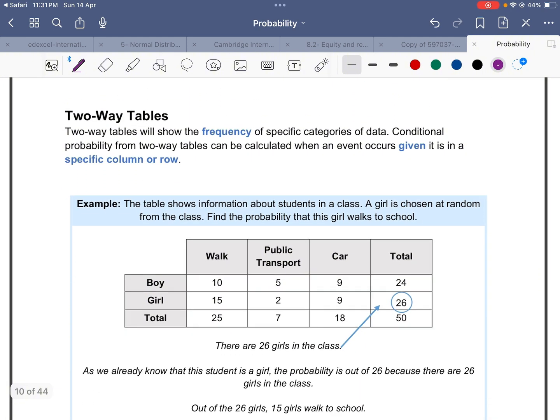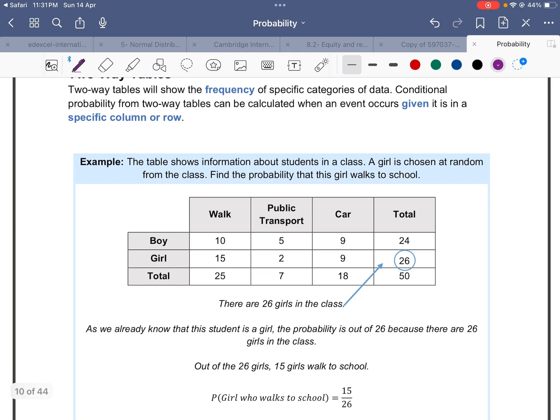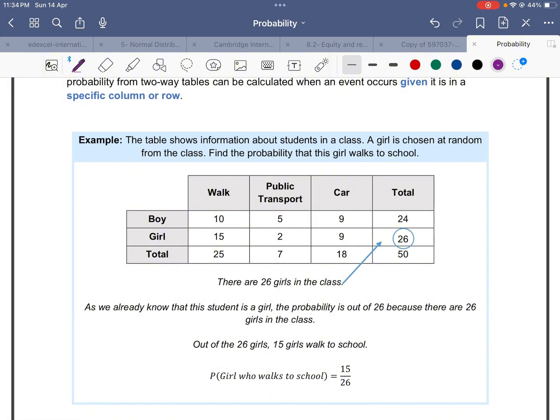Students in a class. A girl is chosen at random from the class. Find the probability that this girl walks to school. Boy and girl walks, uses public transport and uses car. There are 26 girls in the class, that can be found after adding all the girls. Question is asking a girl is chosen at random.